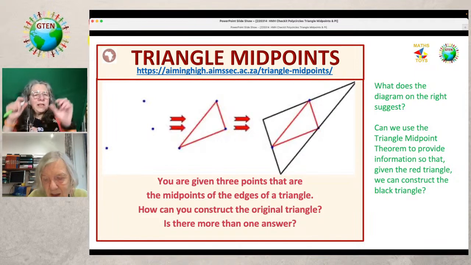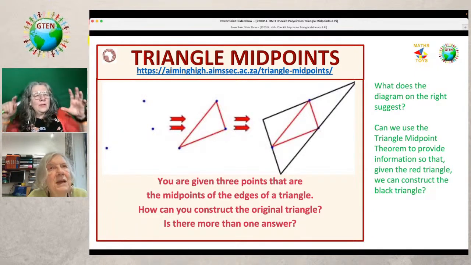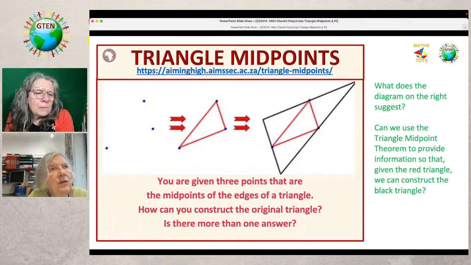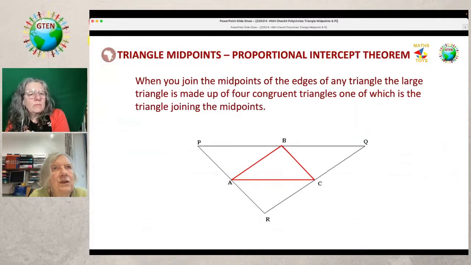Because you've basically got the information about the location of the 3 midpoints, it's a bit like building up the vertices from it. It's like a Checkit where you're given what's in the rectangular boxes in the middle of the edges, and you've got to find the vertices.